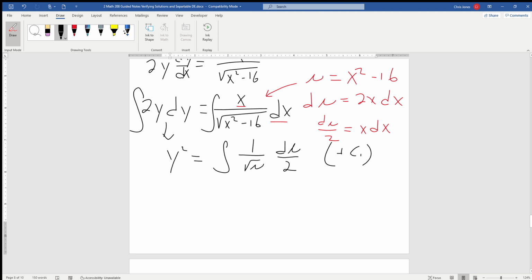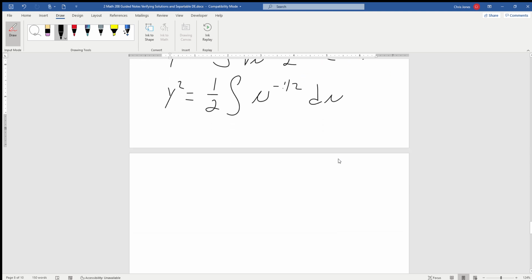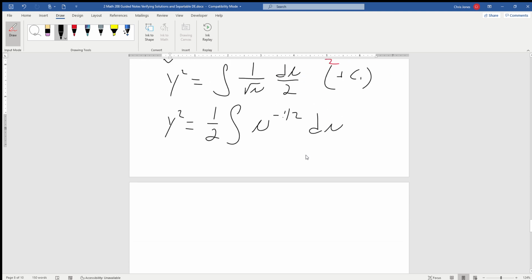Let's prepare this for integration. So y squared is going to be equal to 1/2 of the integral. We're going to use that trick where we put square root of u as u to the negative 1/2 since it's in the denominator, and then a du. So the 1/2 got factored out, and now we integrate. We've already integrated the left-hand side, so that's y squared.